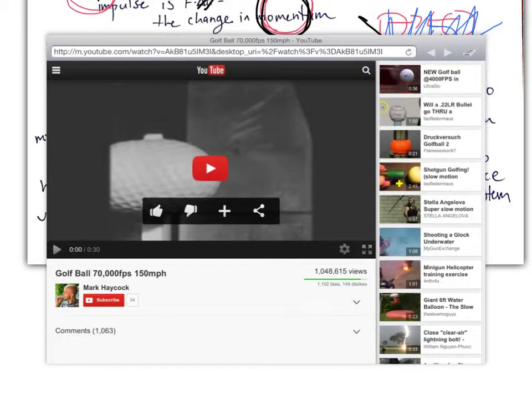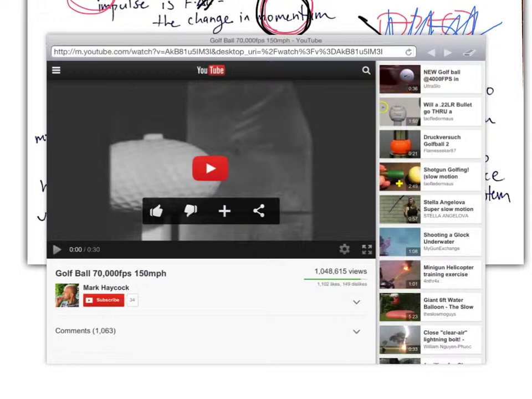And here's the video that I want to show you. This is totally related to impulse, so take a look. So that's a golf ball, right? It was obviously going very fast, and it's bouncing off of a hard surface, a wall, and it's doing so in a really, really short period of time.